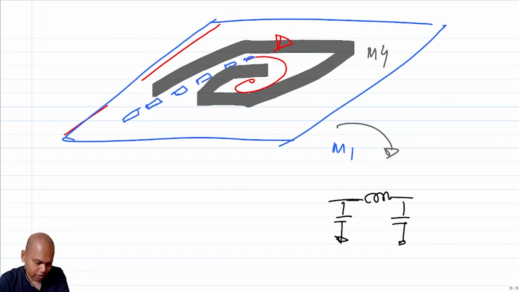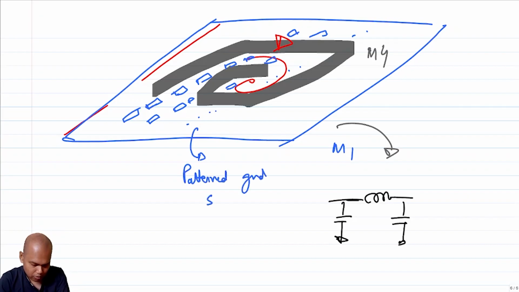This is all underneath, right? I'm breaking this metal into small strips. This is often called a patterned ground shield. So what does it do?